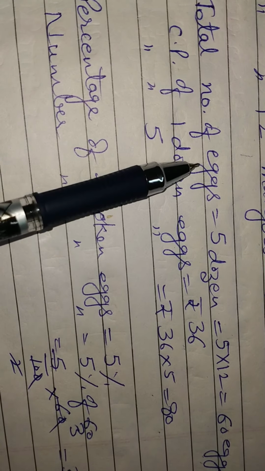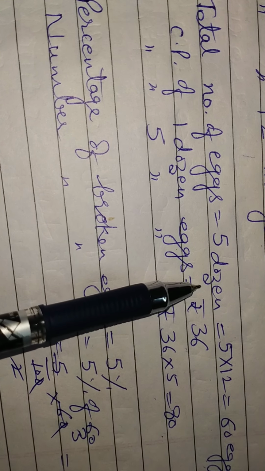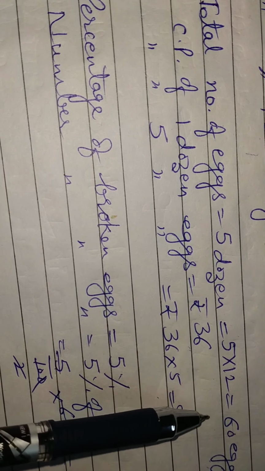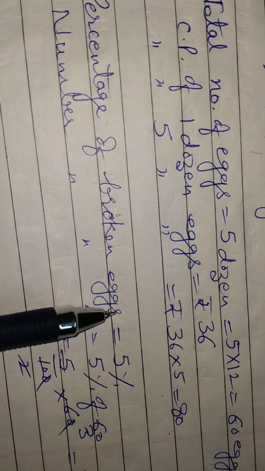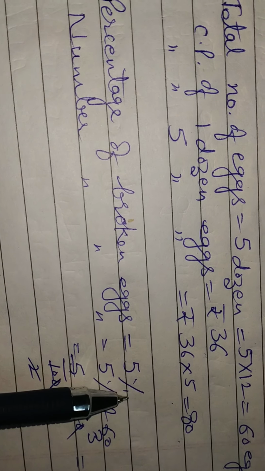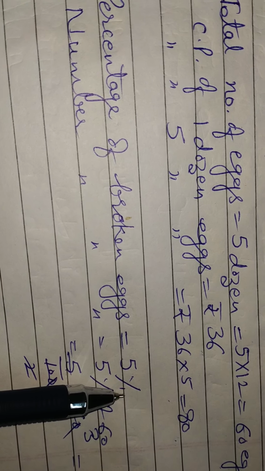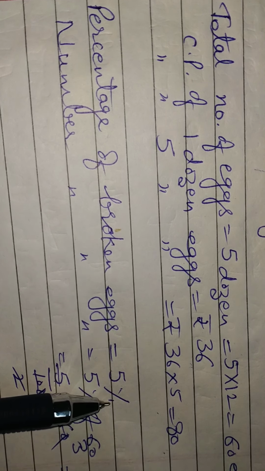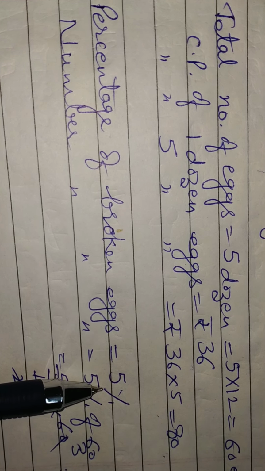5 dozen eggs he purchased, means 60 eggs. Out of that, 5% eggs were broken.